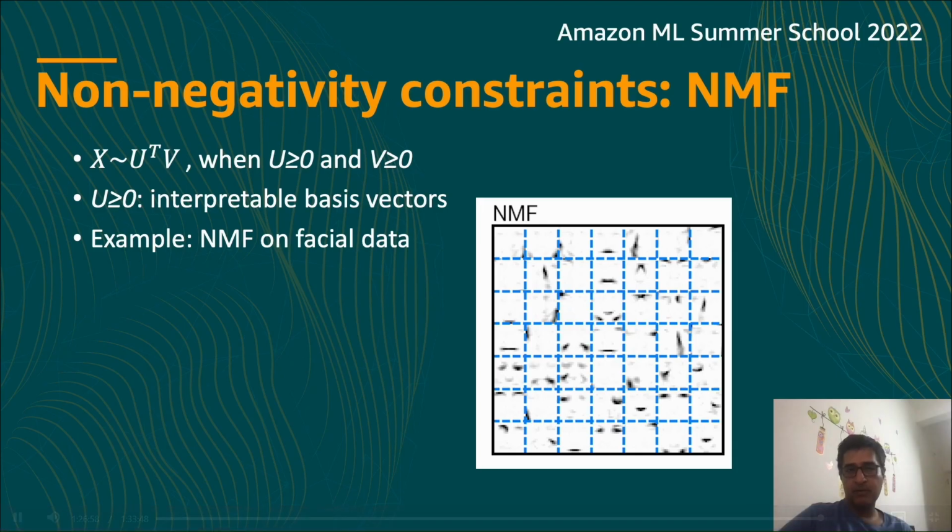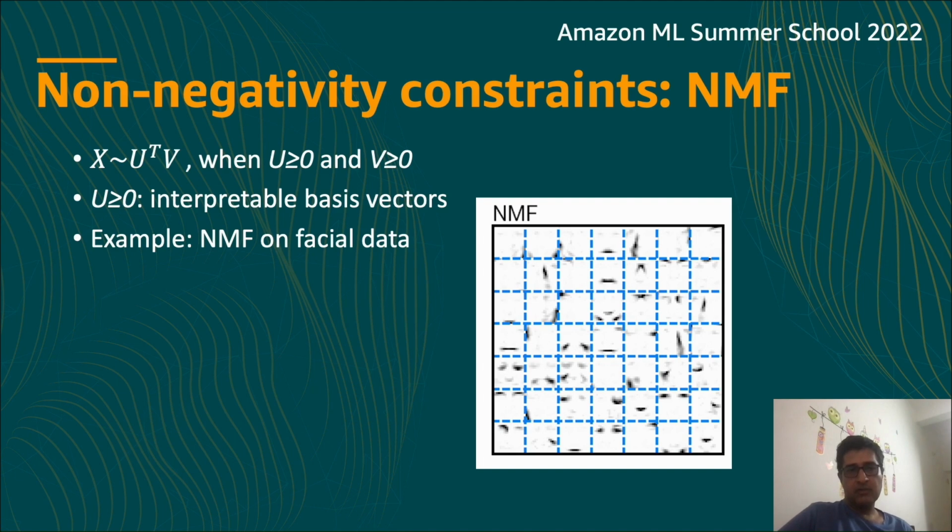Now, there is a very specialized form of matrix factorization called non-negative matrix factorization. Essentially, what you say is that, look, I want my individual latent factors to be interpretable in nature. For these latent factors to be interpretable, what you do is that you impose a restriction on them that, for example, your U's should all be greater than 0.